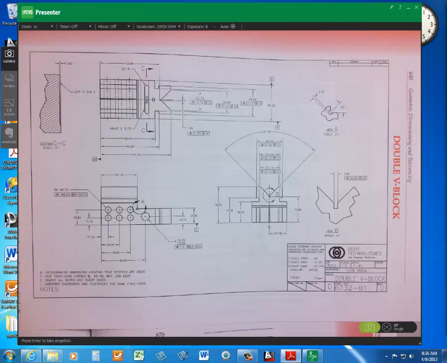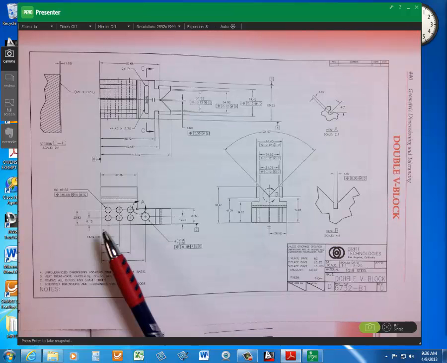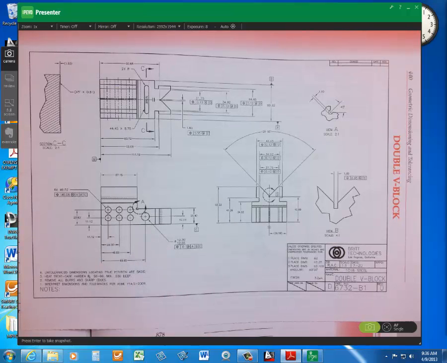Now, we look at these holes, and 50 thousandths of an inch, 0.05. That's almost a 16th of an inch. So it's like, again, in human terms, I don't really care where those holes are, as long as they're kind of in this place. And then you look at how they're located.